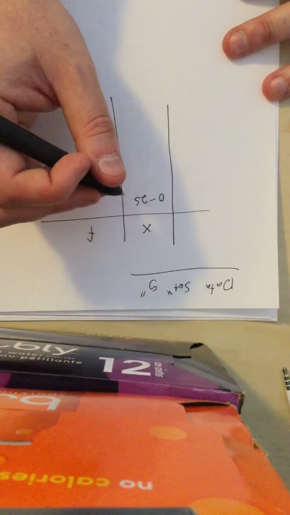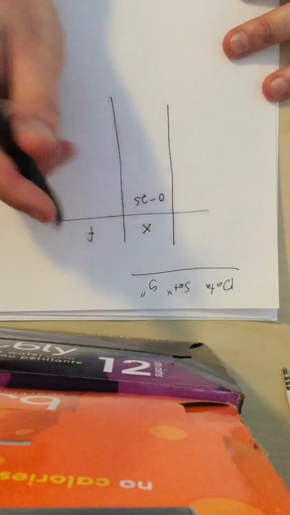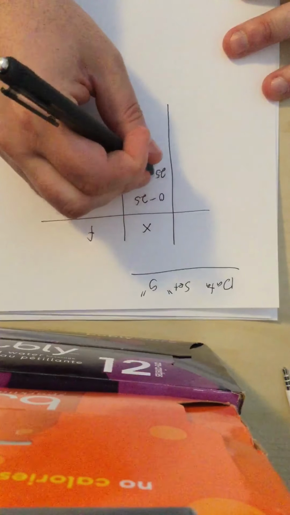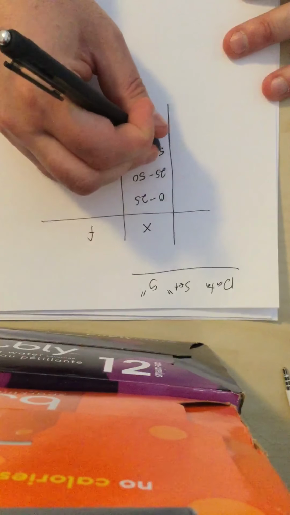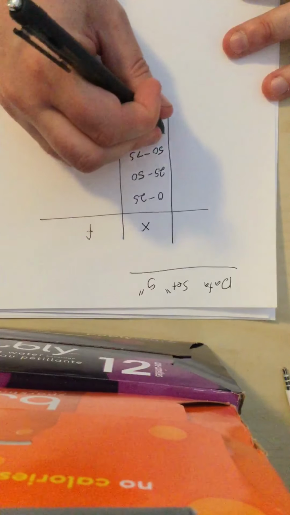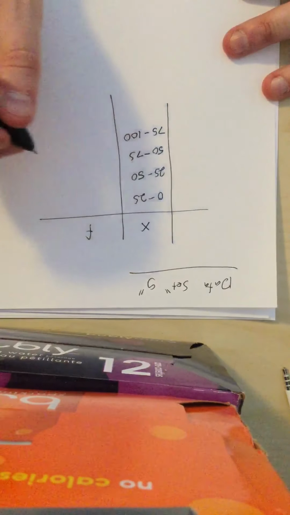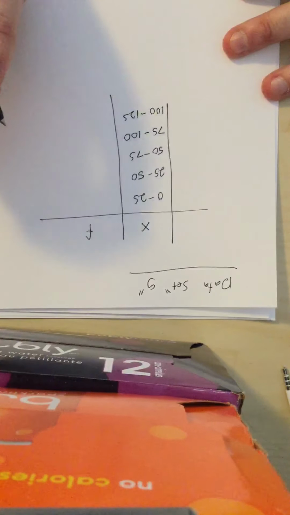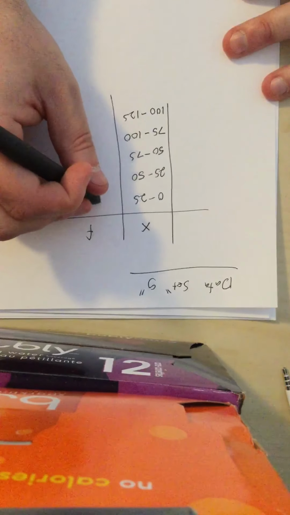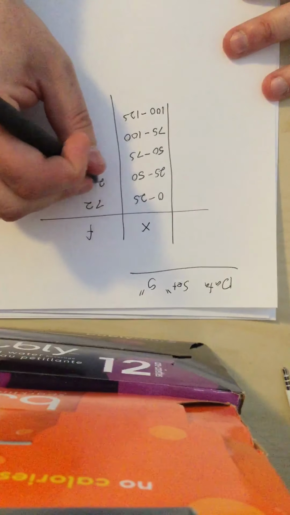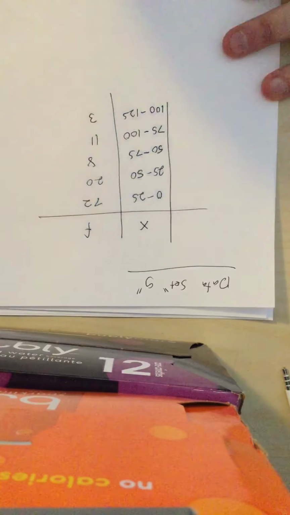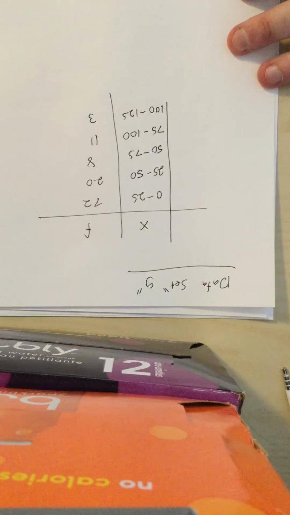So for example, I could say that from 0 to 25, there's all the people from 0 to 25, and there's all the people from 25 to 50, and all the people from 50 to 75, and all the people from 75 to 100, and all the people from 100 to 125. And so let's say the frequencies were 72, 20, 8, 11, and 3.